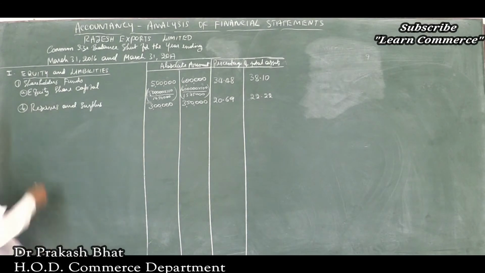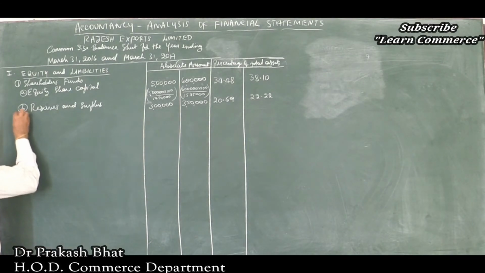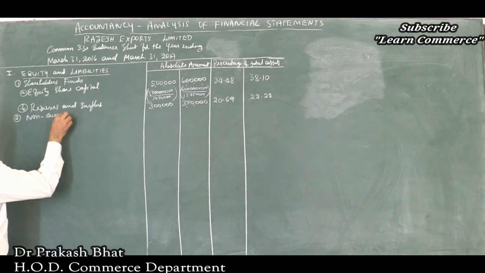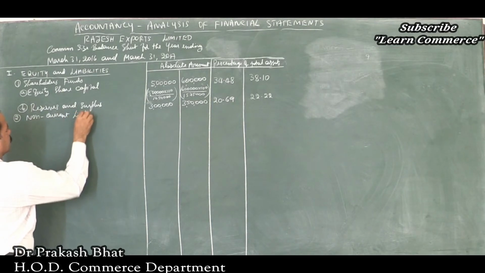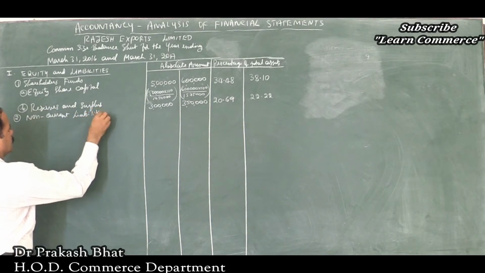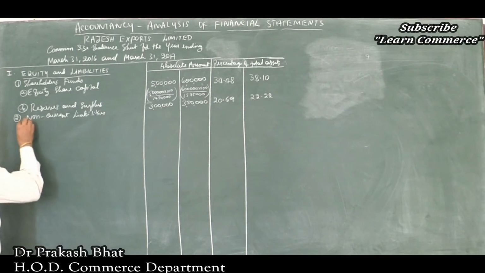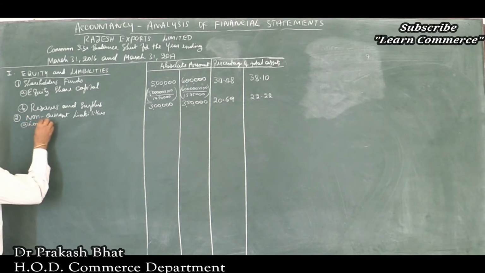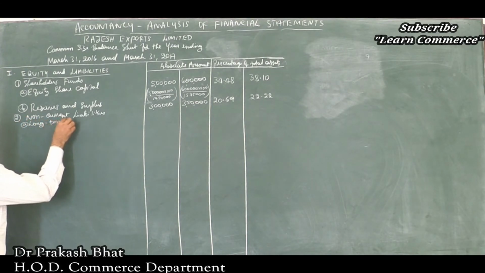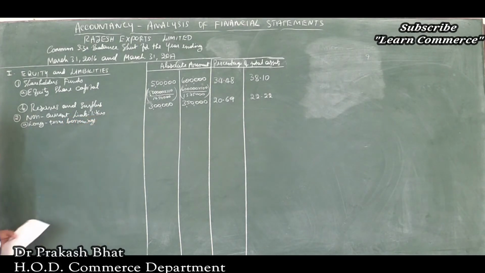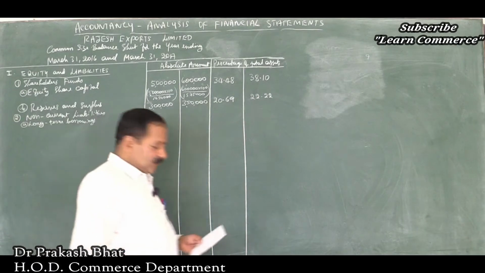Then non-current liabilities. Second one, non-current liabilities. First one was shareholders funds. Under that, long-term borrowings. Point A, long-term borrowings, that is debentures, right? It is long-term one.